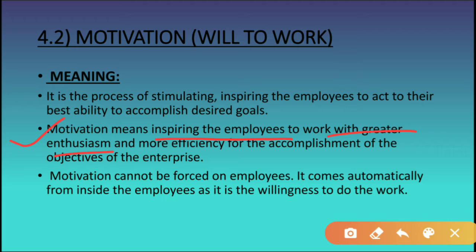The manager or the superiors should always boost their employees, deal with them positively, boost their enthusiasm, and make them give their 100%, so they can perform better and more efficiently towards the accomplishment of the objectives of the enterprise.